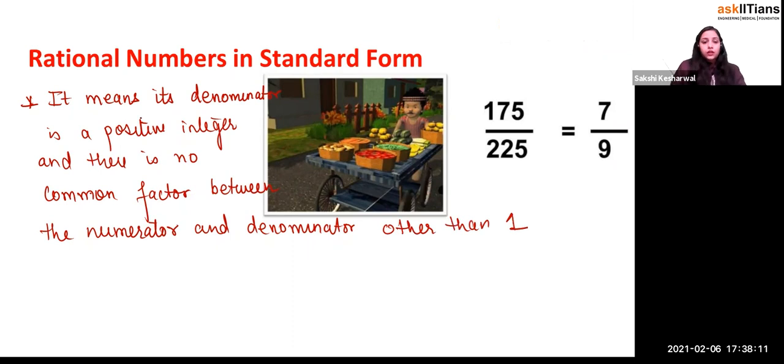That's clear. It means that the denominator is a positive integer. You always have to put the positive integer in the denominator, right?